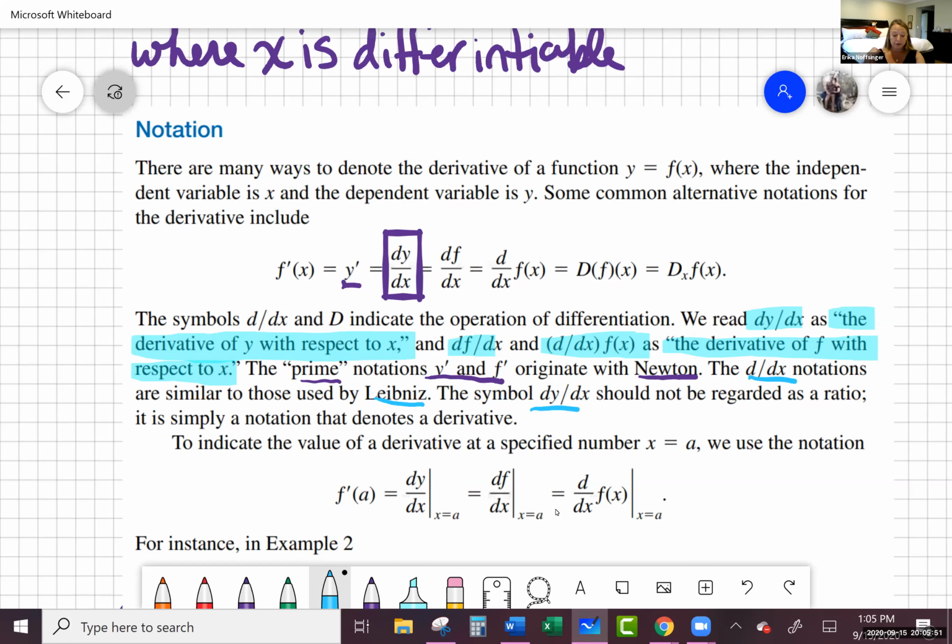So if we were going to take the derivative at a particular value, like we did in the last section, and we wrote f prime of the number, well, if you're using Leibniz notation, you would write that bar and then x equals a, or df dx with that bar. This says the derivative of f with respect to x at x equals a. They're all the same thing, just written different ways.